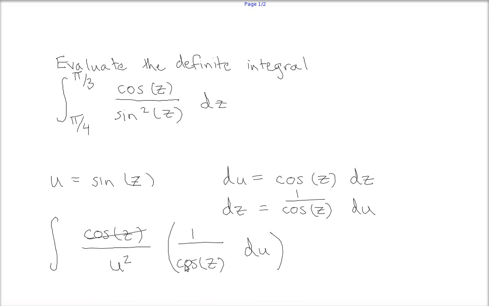Now our cosine of z's cancel, and we're just left with the integral of 1 over u squared du, and we can rewrite that as the integral of u to the negative 2 du.